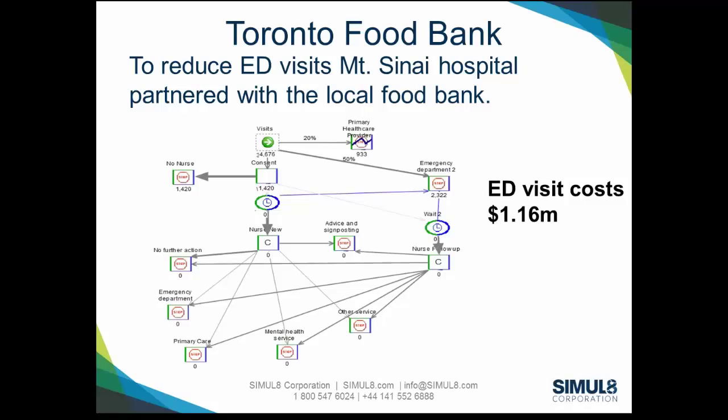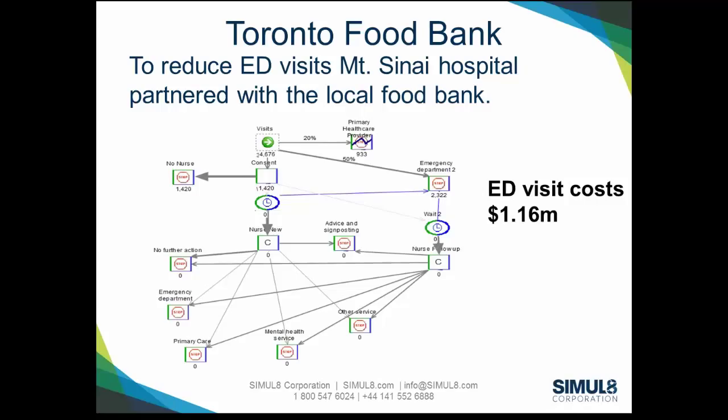So the question was, if people are not attached to a primary healthcare provider, then they might be much more likely to go to the emergency department for their healthcare. And what would the impact be if you brought a nurse into the Toronto Food Bank and they routinely saw patients and supported them and provided access into services, so into primary care, mental health, and some of them, of course, would need to go to the emergency department because they needed to go there.